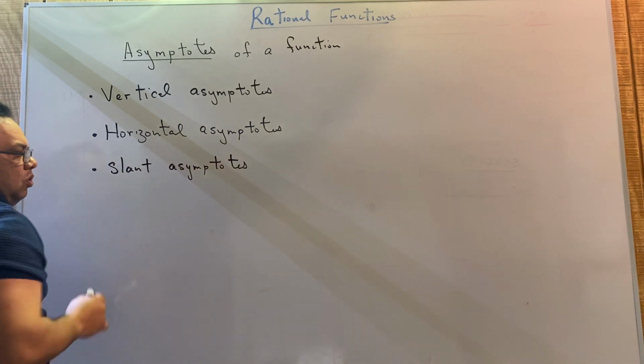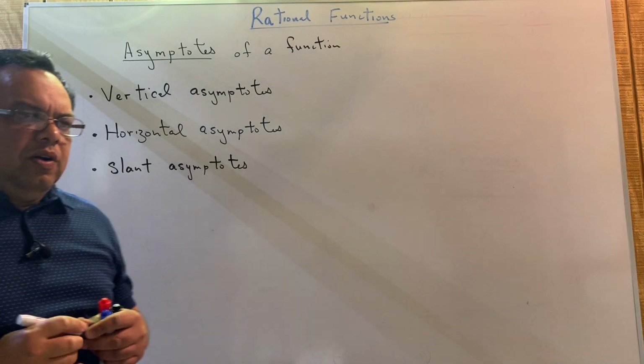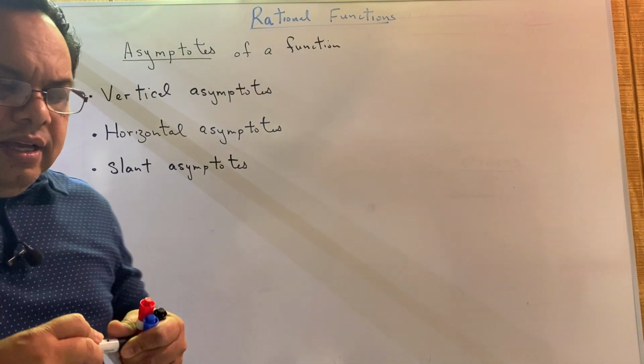And slant asymptotes sometimes are referred to as oblique asymptotes.